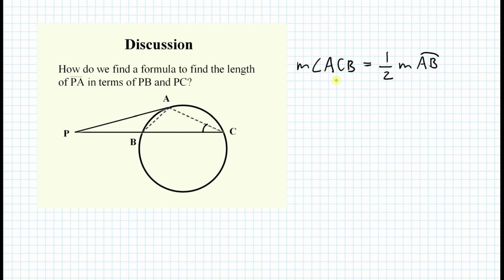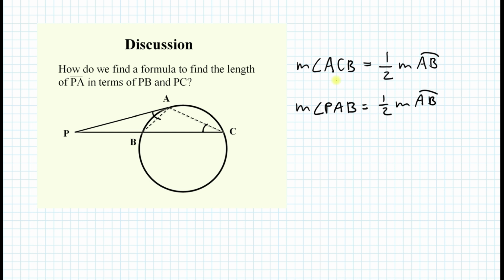Okay. Similarly, if you look at angle PAB, that angle is created by a tangent and a chord. We also learned that the angle created by a tangent and a chord is equal to 1/2 of the arc that it intersects, which means that the measure of angle PAB is equal to 1/2 the measure of arc AB as well.